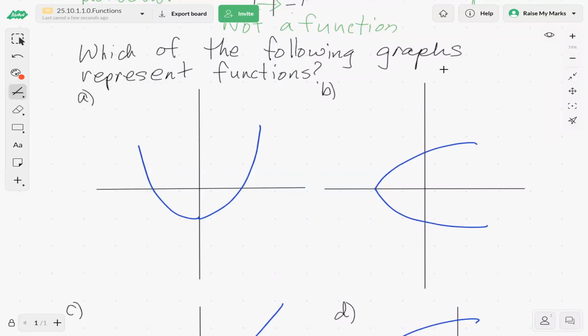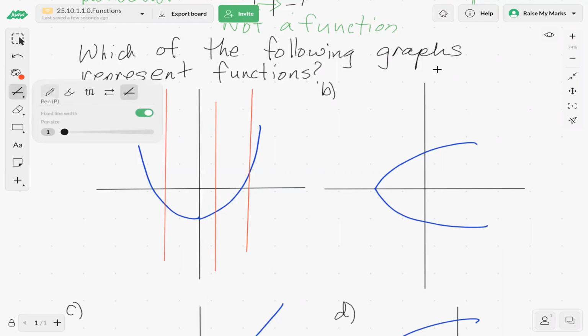So let's try that. Anywhere we draw a vertical line, it intersects the blue curve, or the graph of our mapping, one time. So yes, let's write that in. This is a function.